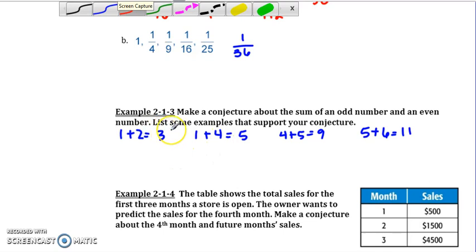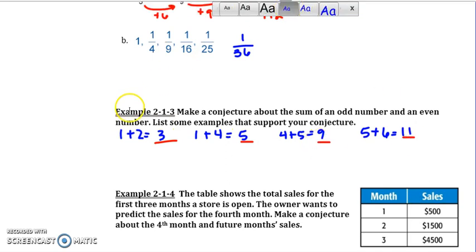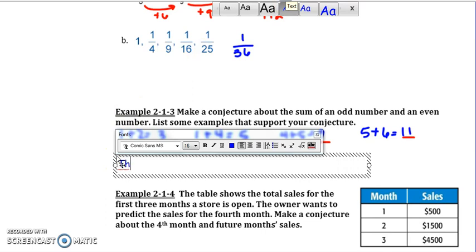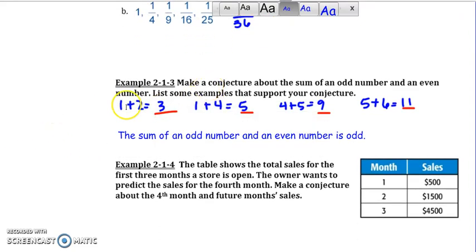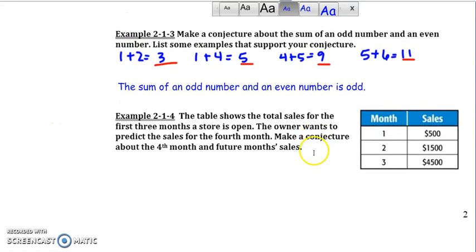Looks like the sum of an odd and an even number is odd because all of these are odd. So I'm going to say the sum of an odd number and an even number is odd, is our conjecture. And there are our examples up above to support that.